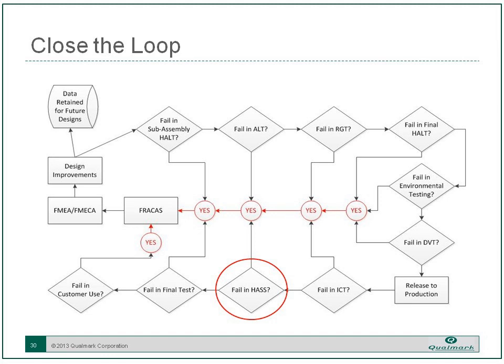Make sure those failures get in here. It's very important that the HASS failures are jumped on and understood. And once you come out of HASS, there's a typical final test. You'll do the last turn on and watch all the lights come on. Failures there, coming down into FRACAS.